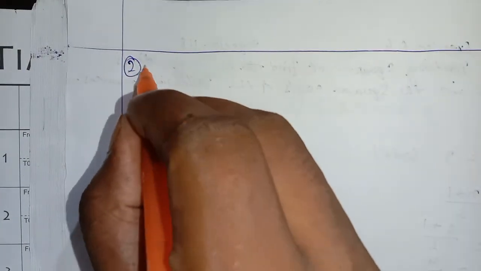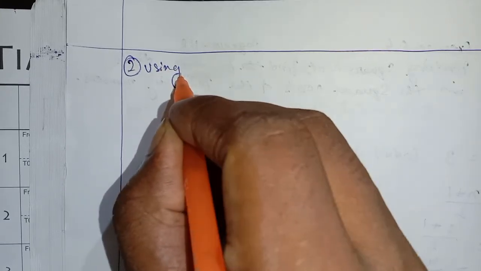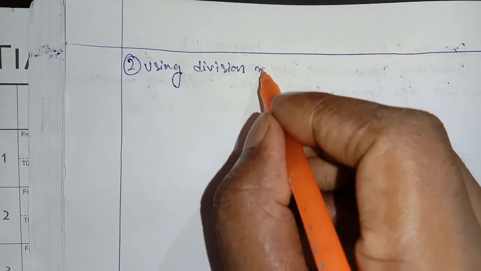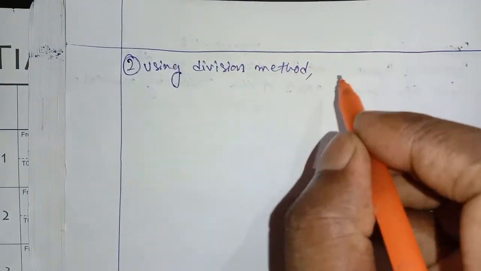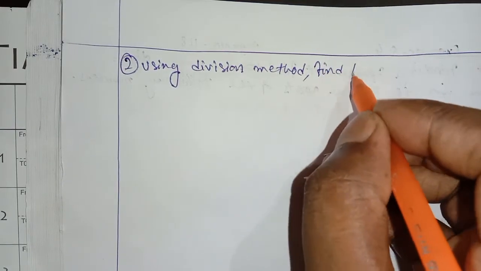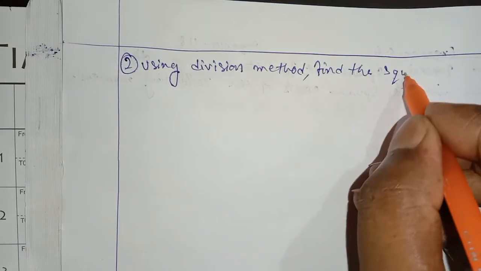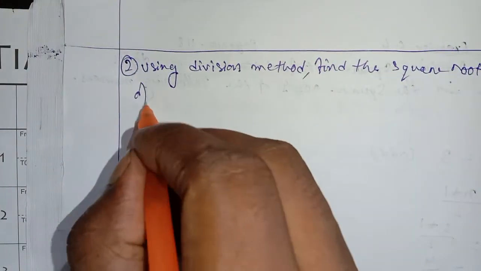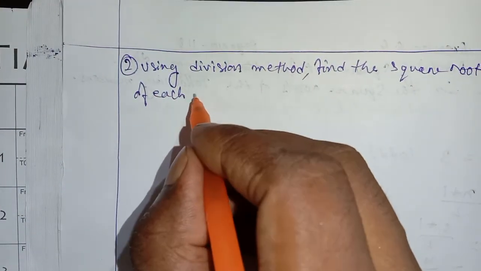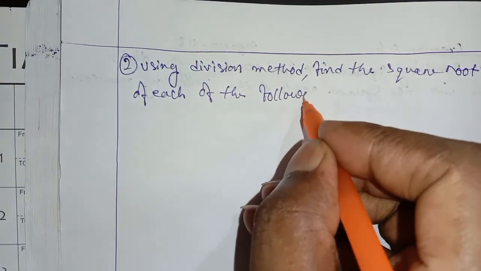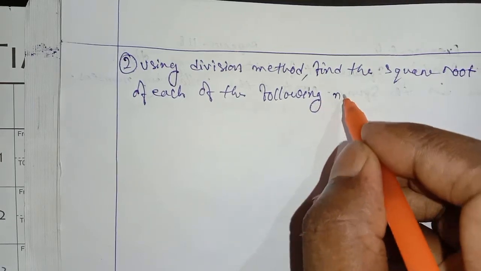Now next, number 2. Using the division method, find the square root of each of the following numbers.